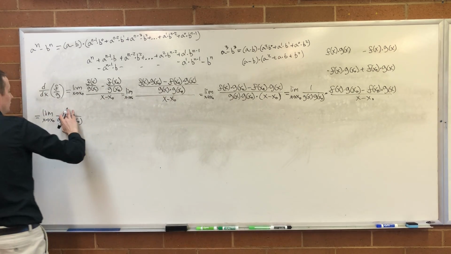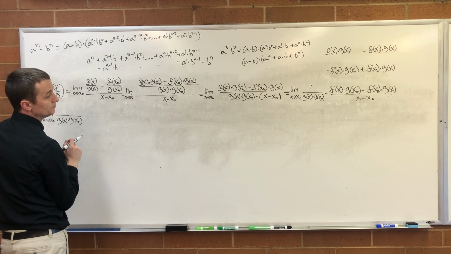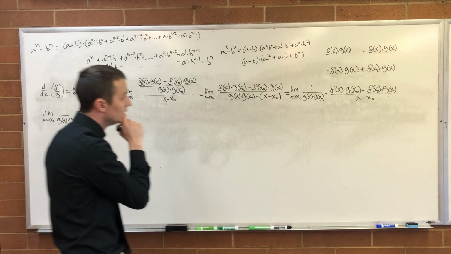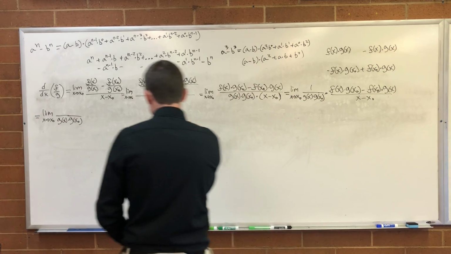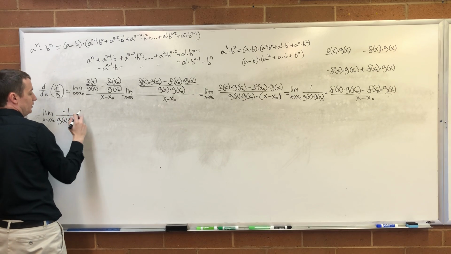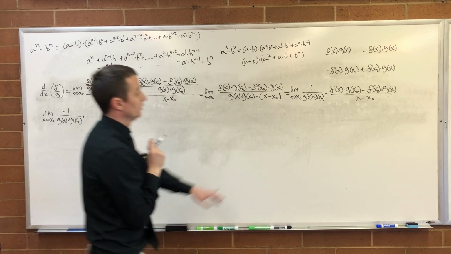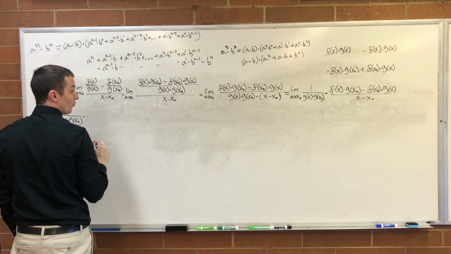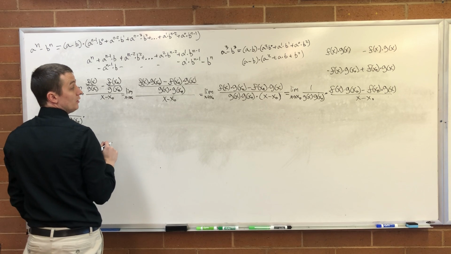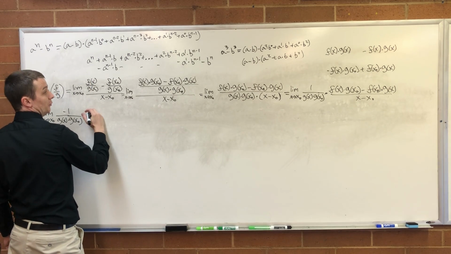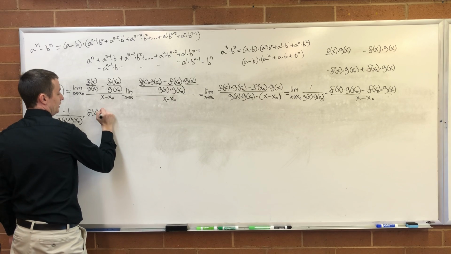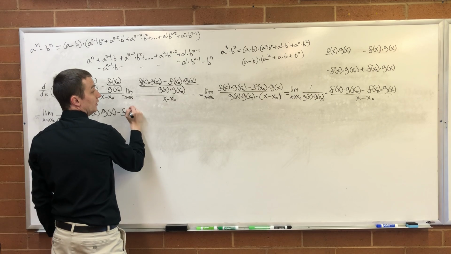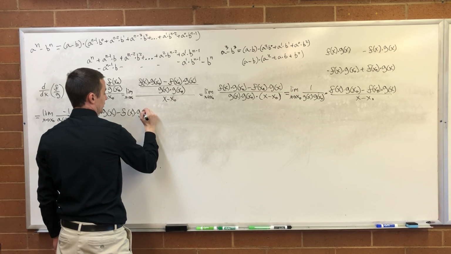Negative 1 times, that's going to make this term negative, this term positive. So then I'm going to have my first f of x times g of x. This is one term I'm adding in, minus f of x times g of x naught.